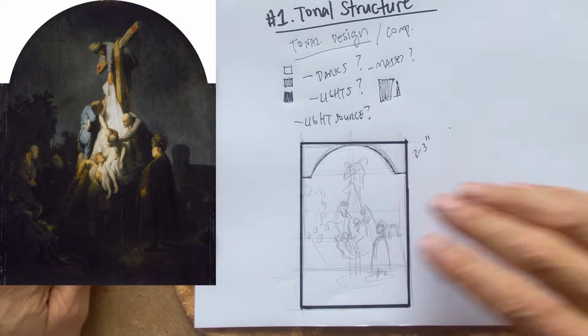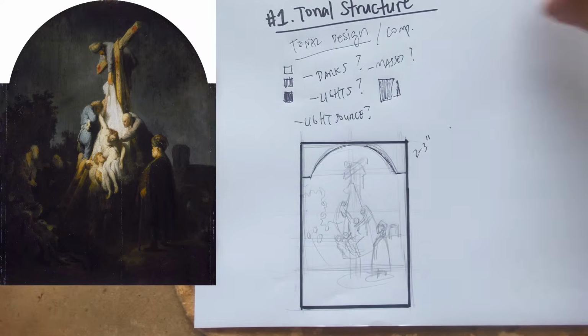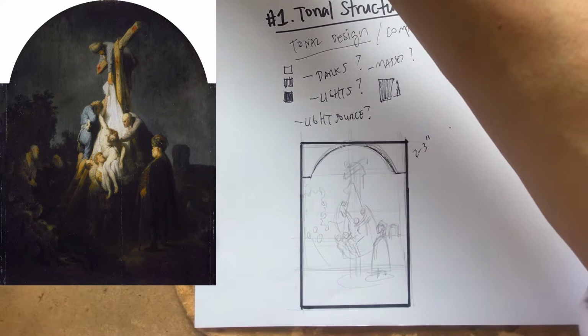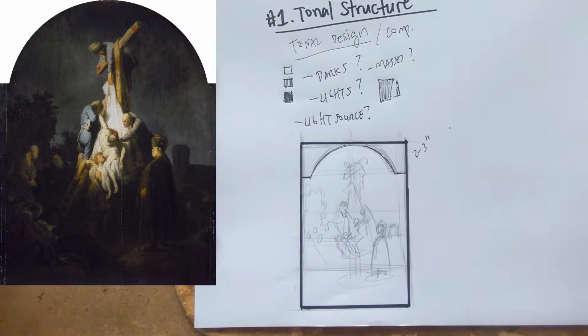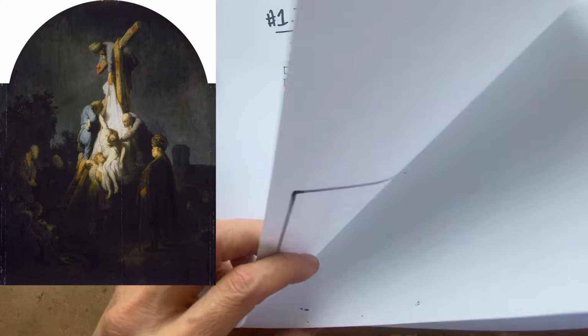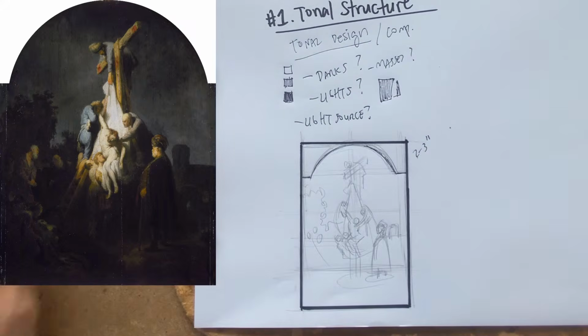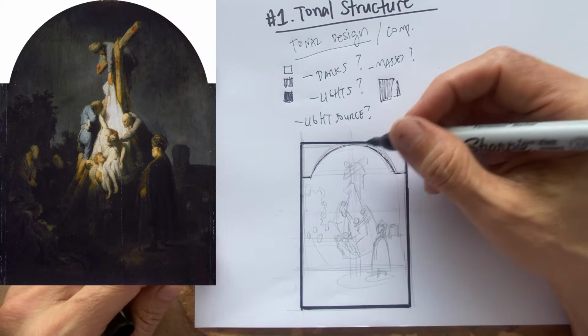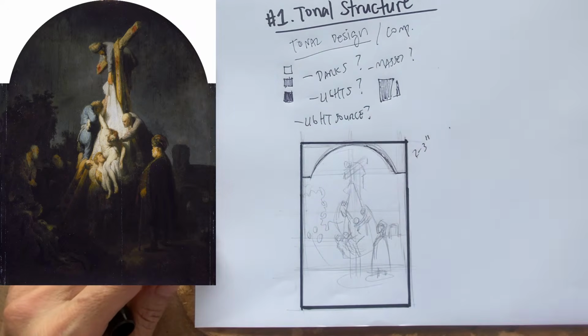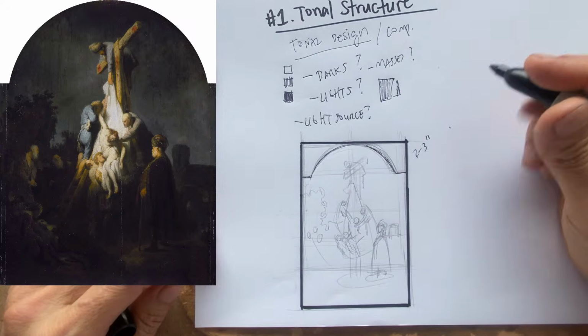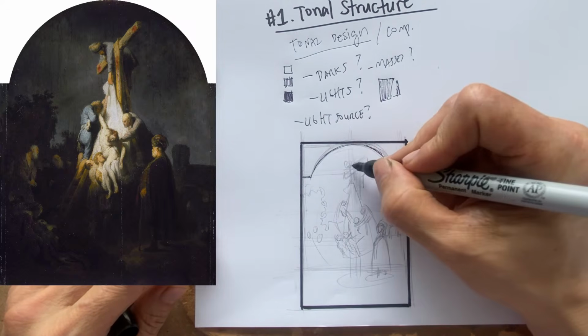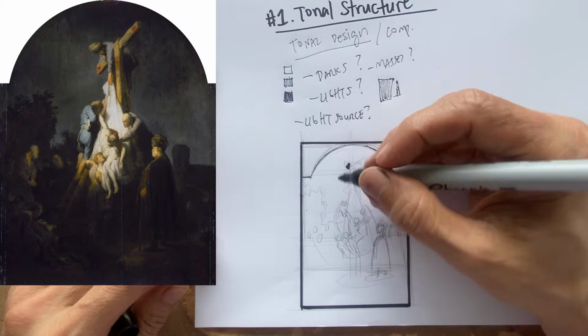And really, this is all a dark mass. I'm going to cover my paper underneath. Okay. So really, I'm going to go quite abstract here, and I'm going to squint and just go abstract.